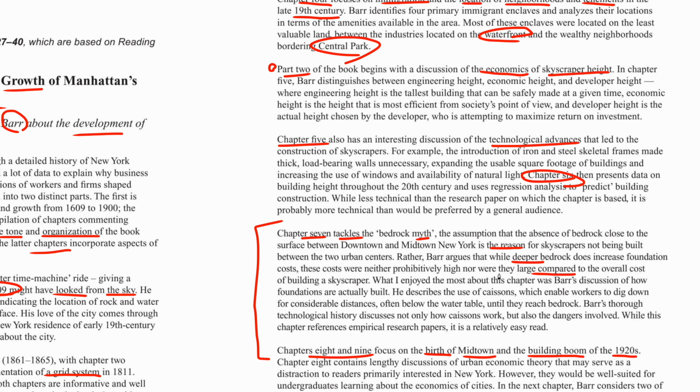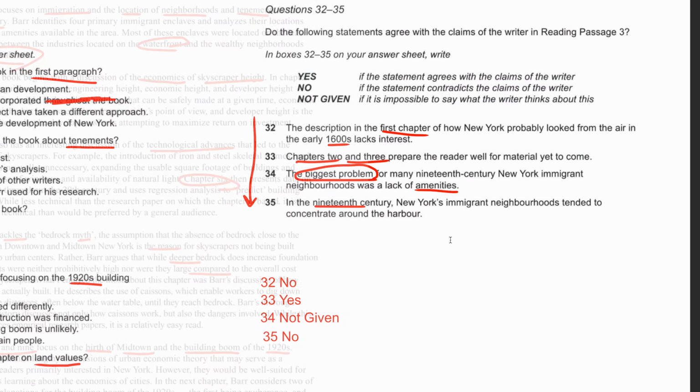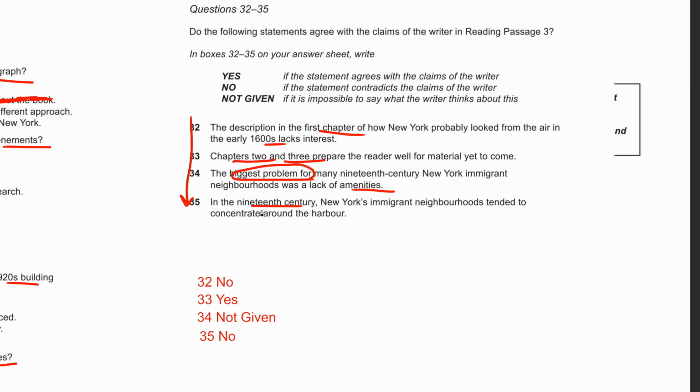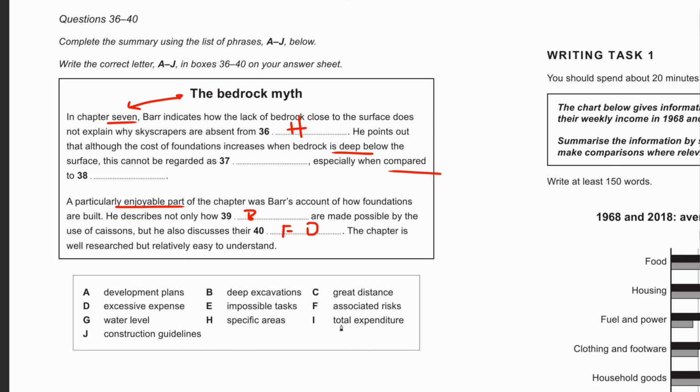Well, were they large compared to the overall cost of building a skyscraper? Maybe you can answer the next question first. Compared to total expenditure, maybe? Or extensive expense? No, total expenditure.